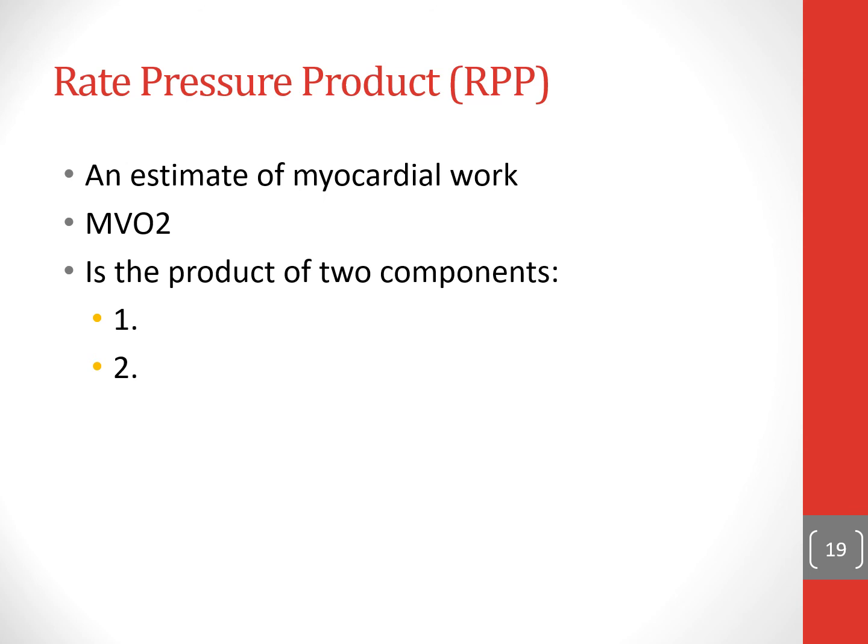Number one, the heart rate: how many contractions is this heart completing per minute? And number two, systolic blood pressure: what's the amount of force produced by the heart with each of these contractions? If we multiply those two values together, that gives us an estimate of how much the heart is working, and hence how much oxygen is needed by the heart tissue.